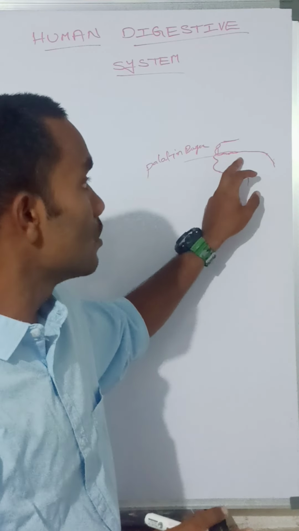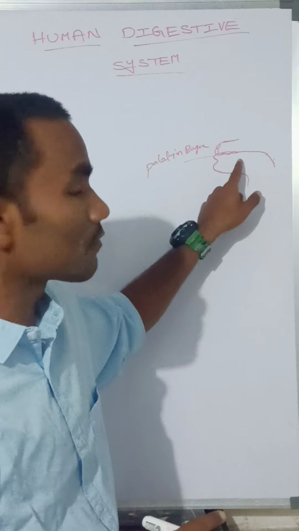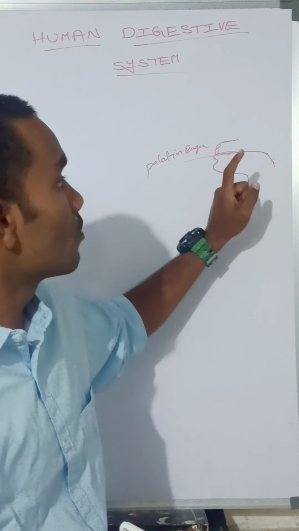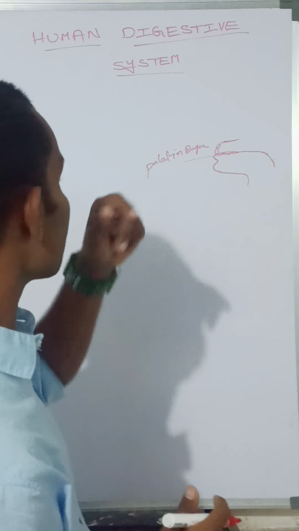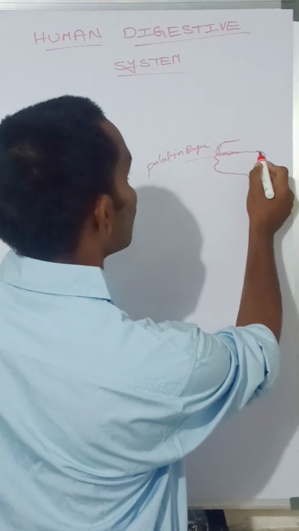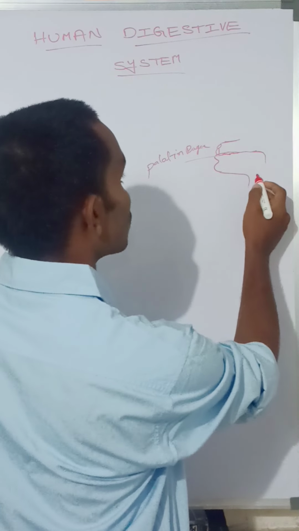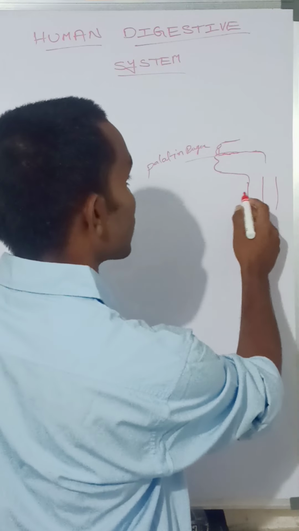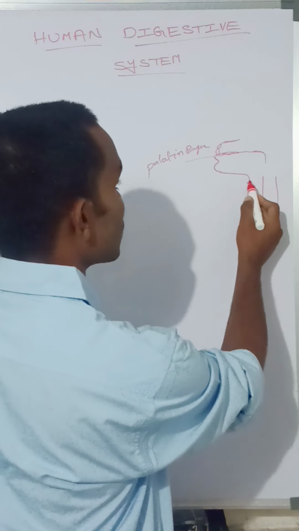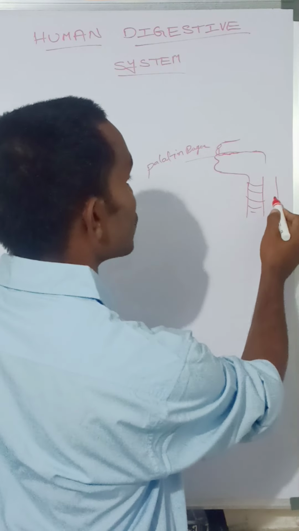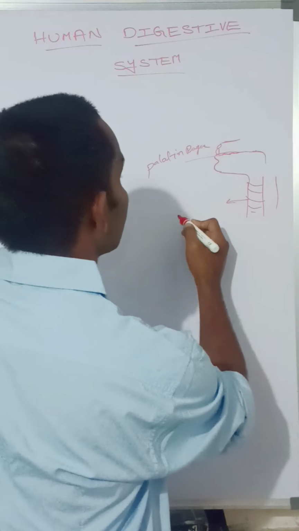We take the food, which after chewing enters slowly into the pharynx. Pharynx means this is the uvula, the mouth, and there are two pipe-like structures in the neck. This is the trachea, and this is the esophagus.